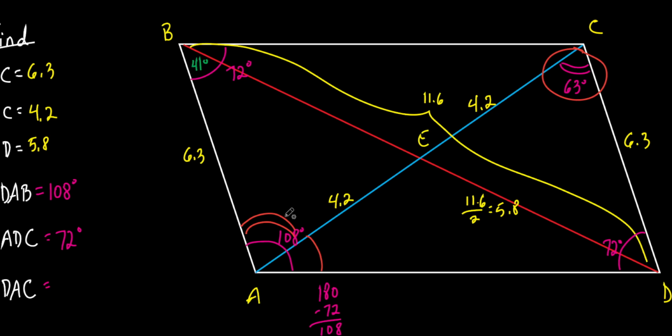So if this is 63, what's this angle right here? That's also 63. How do I find this one, though? The whole thing's 108. If this is 63, then I go, you got it, 108 minus 63. And that's what, 45? Yeah. So that is 45 degrees.